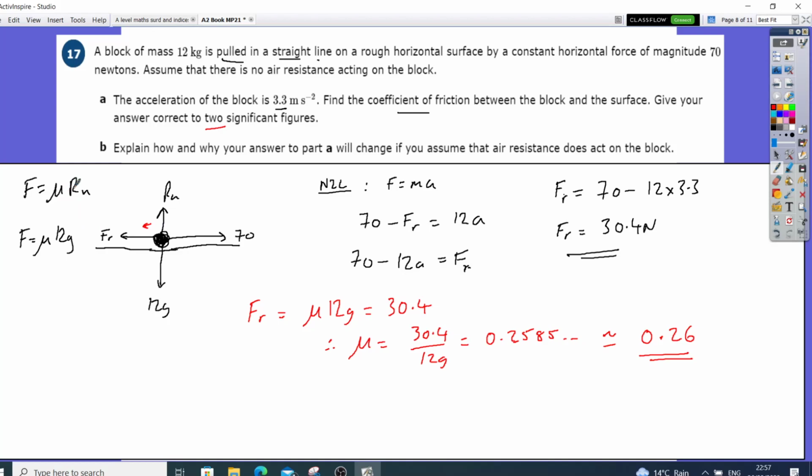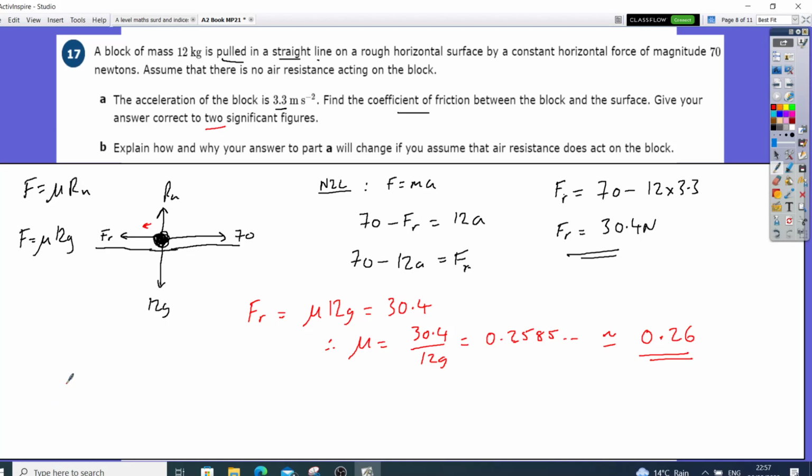So that friction now will consist of the friction plus the air resistance, so the friction will reduce, and if that friction reduces, that means the mu will also reduce. So that gets smaller, because anything divided by something that is less of a friction will be smaller.